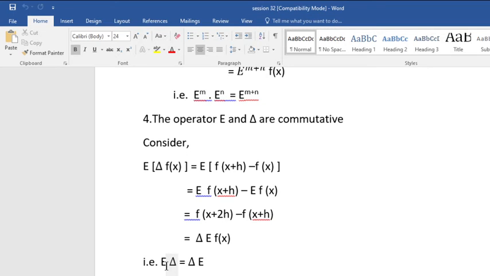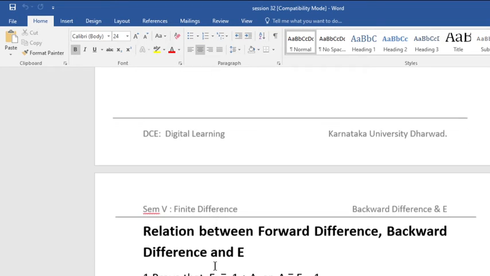So that means we can say that E into forward difference is equal to forward difference into E. That means the shifting operator and the forward difference operator are commutative.